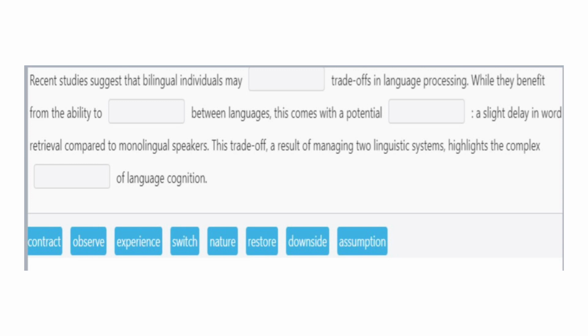See, this is a modal verb and it is followed by a blank. May dash trade-offs in language processing. May experience trade-offs in language processing. While they benefit from the ability to dash between languages, "to" followed by V1, to switch between languages.